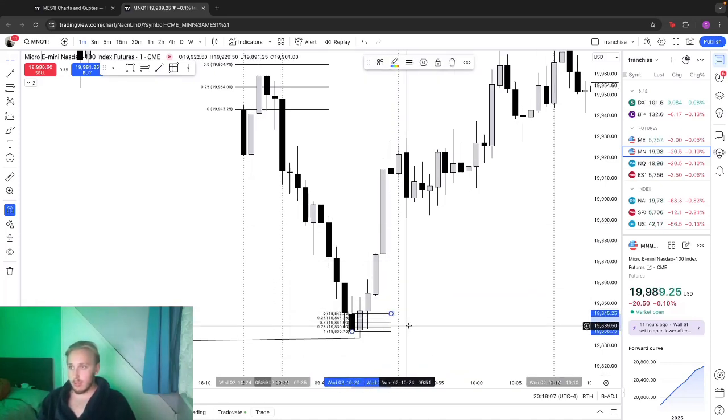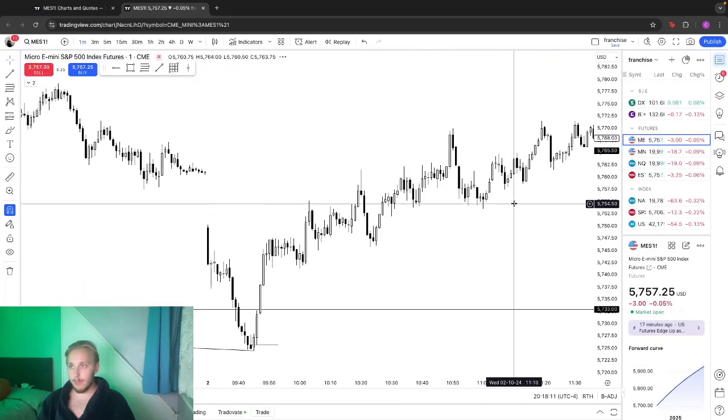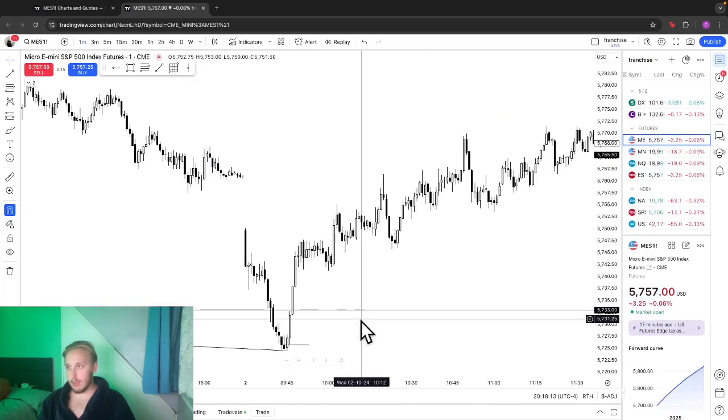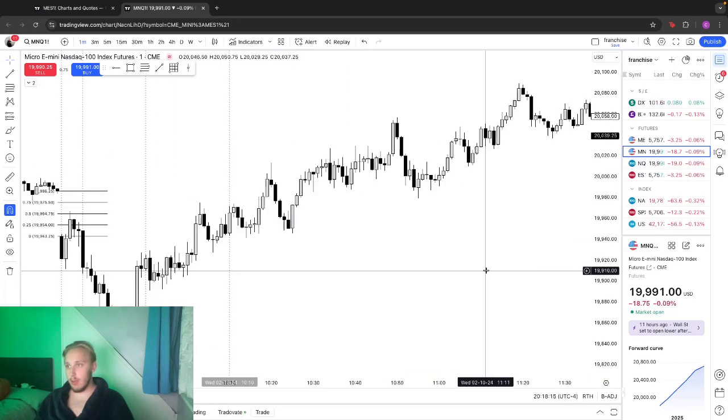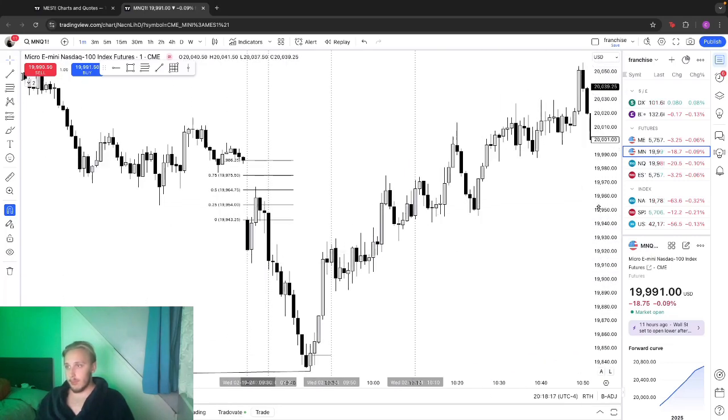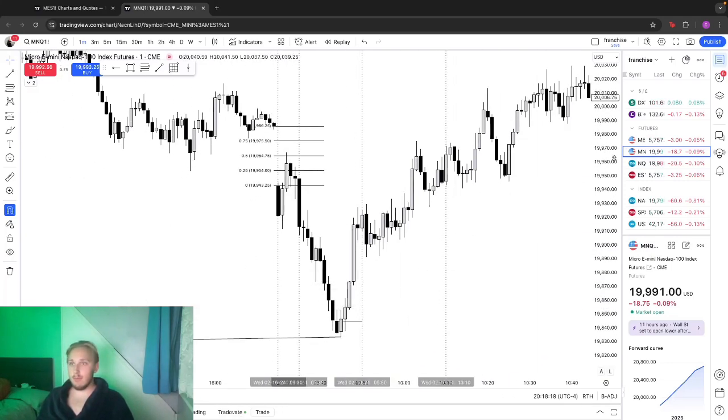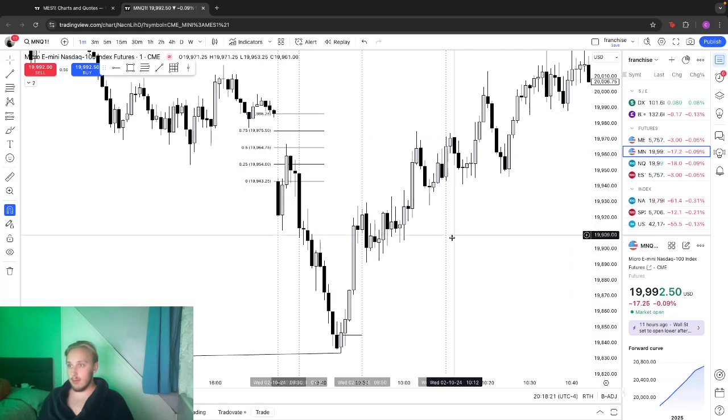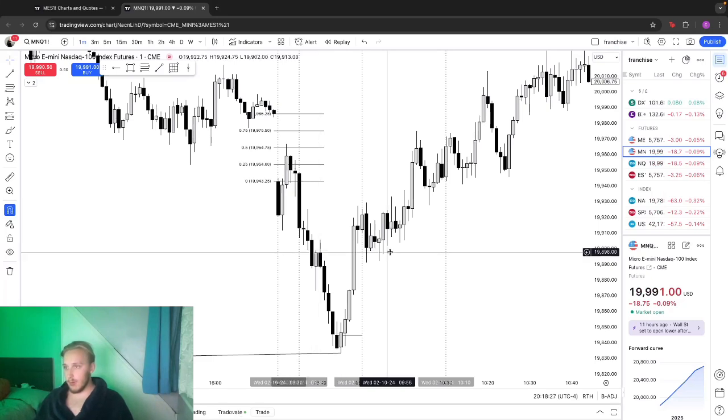So we touch this 1-minute CSD. We get this 1-minute CSD here as well. Now this would be the first sign of us going to move off this SMT. Price is fractal.